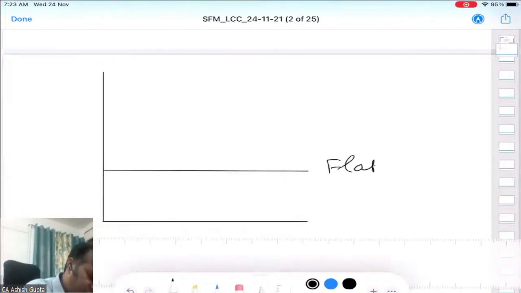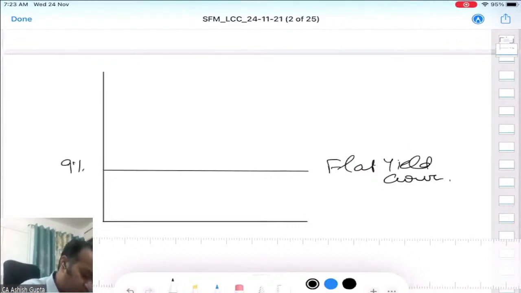That is called a flat yield curve. Okay. Now suppose we have assumed that the interest rate is 9%. So suppose we value a bond of 1 year, 2 year, 3 year. Okay, this is the tenure of the bond. Either it can be 1, 2, 3, so long.